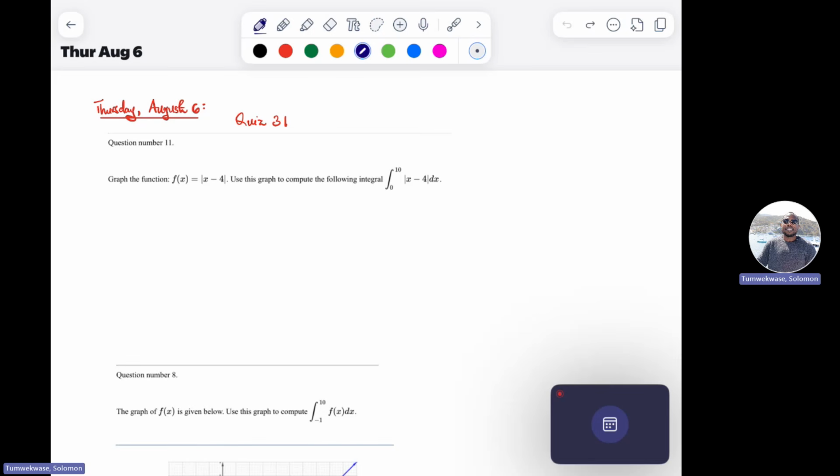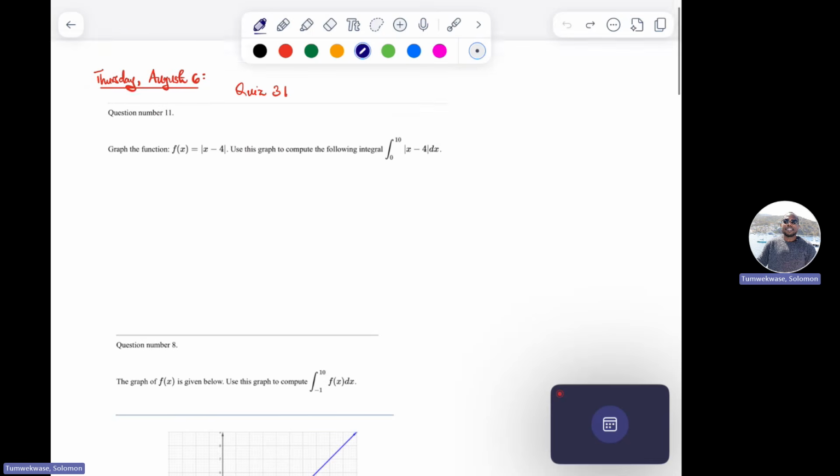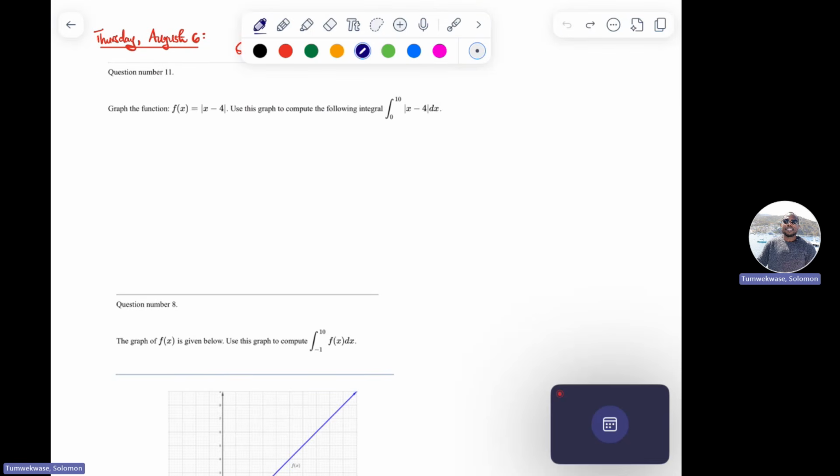Let me start my discussion, and I'm going to go over quiz 31 and a little bit of 32. Quiz 32 is more like general mathematics, so I'm just going to go over quiz 31 and a few questions that I thought were interesting in quiz 32.